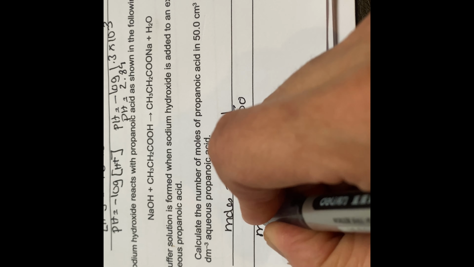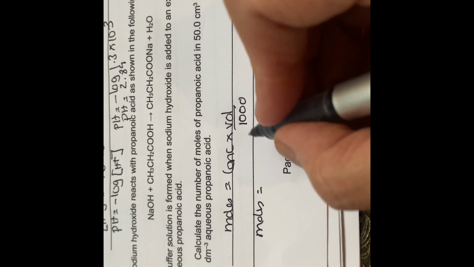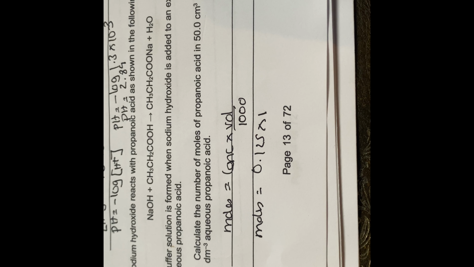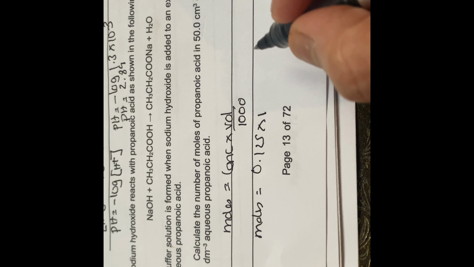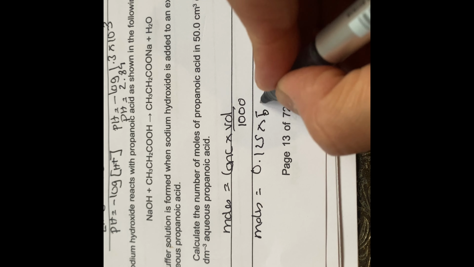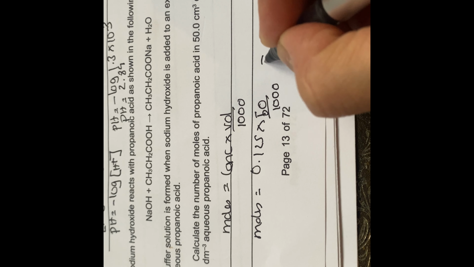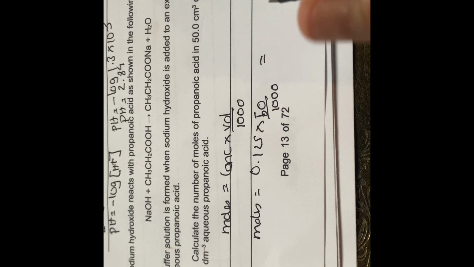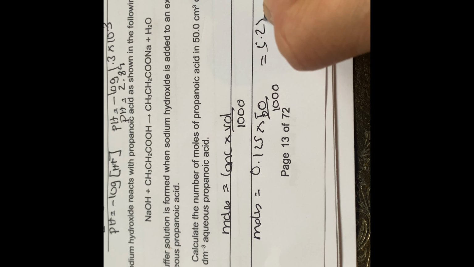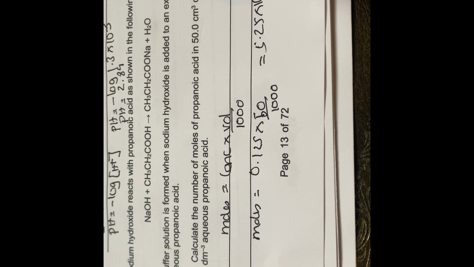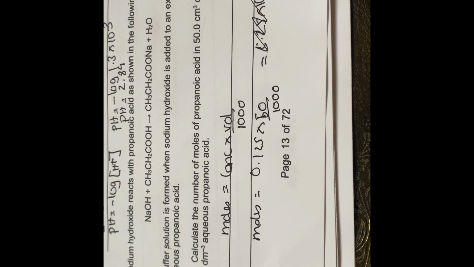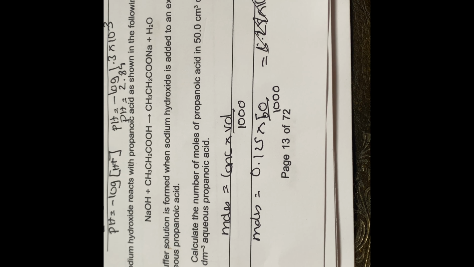So moles equals 0.125 times 50 divided by 1000, which equals 5.25 times 10 minus 3 moles. No, actually that's incorrect. It would be 6.25 times 10 to minus 3 moles.